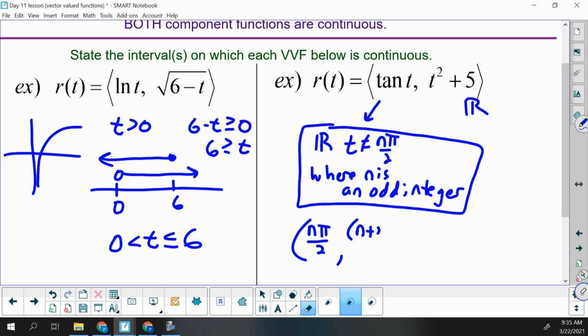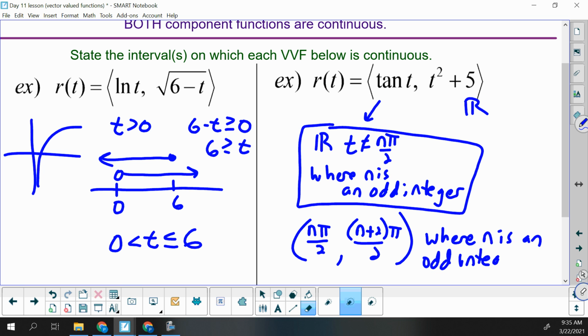So we would say n plus 2 pi over 2, where n is an odd integer. So maybe this is 1 pi over 2 and 3 pi over 2. On that interval, it's continuous. 3 pi over 2, 5 pi over 2. On that interval, it is continuous. So that represents all those intervals of continuity, or you could write it as all real numbers, just t is not equal to n pi over 2, as long as n is an odd integer.